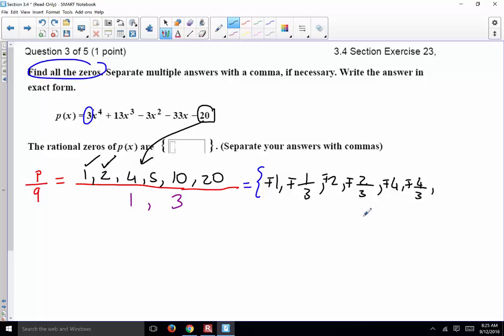Here you go, you have 10 now. 5 over 1, 5/3. Keeps going and going. 10 over 1 and 10/3. 20 over 1.